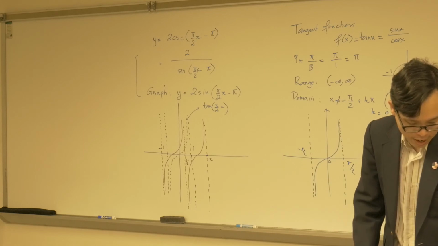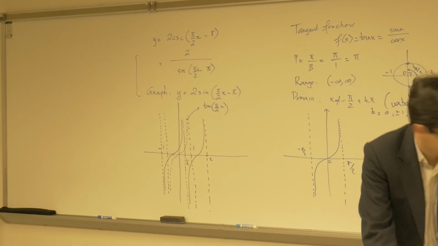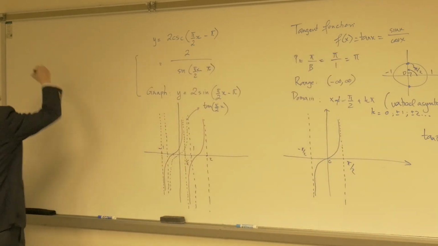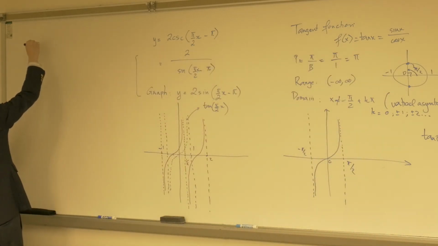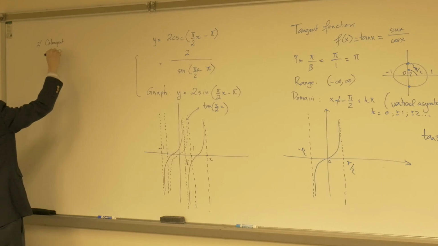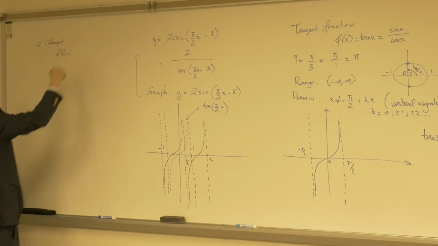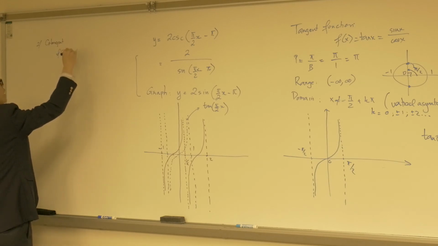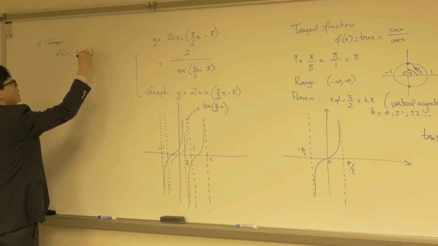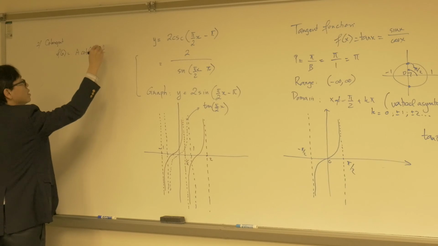Now take a look at the cotangent. Is that going to be the same or not? So that's this tangent function. Now we're going to cotangent. So f(x) will be a cotangent, the general one, a cotangent of bx plus c plus k.